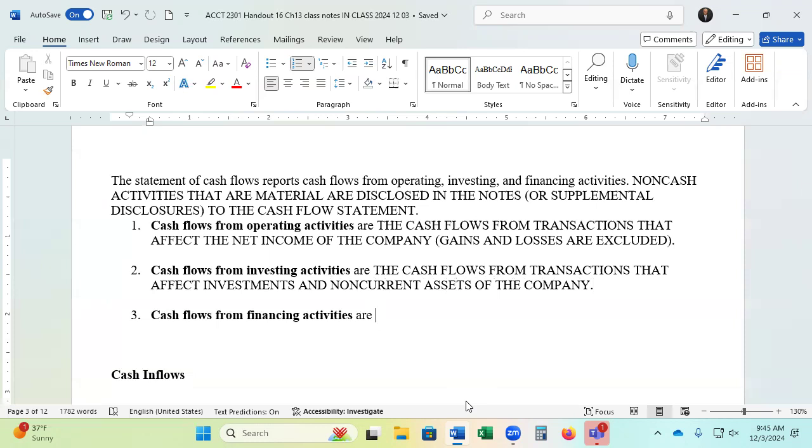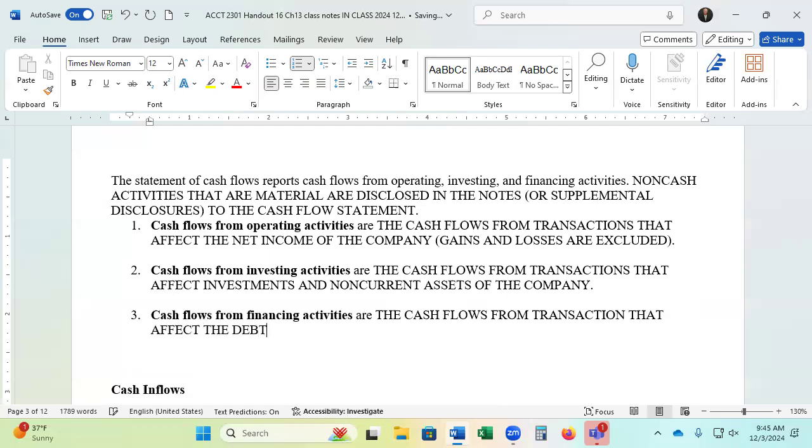Okay, and cash flows from financing activities are the cash flows from transactions that affect the debt and equity of the company.